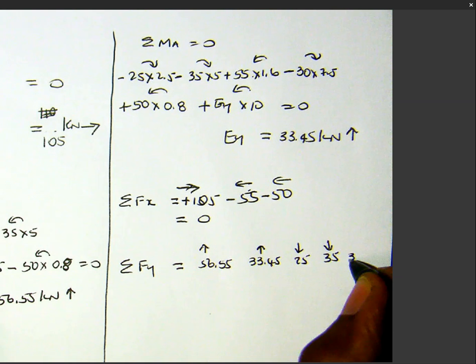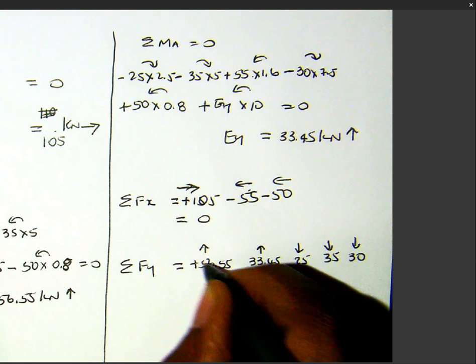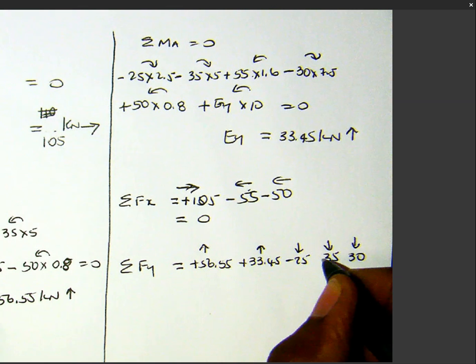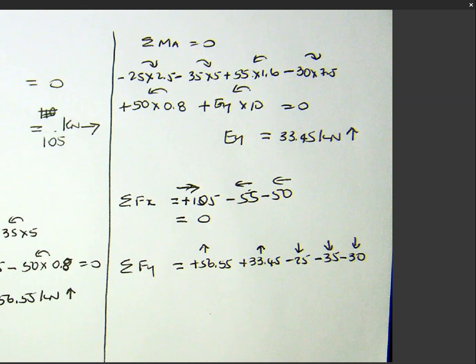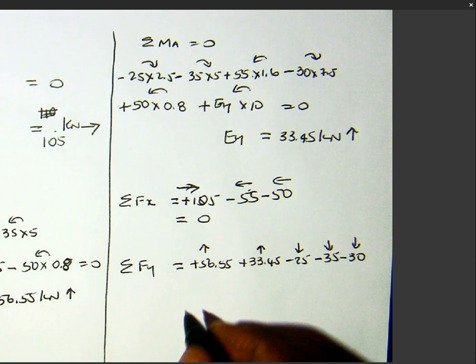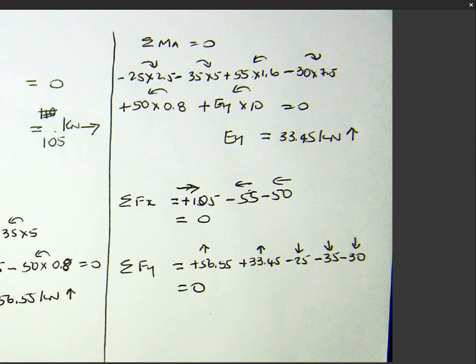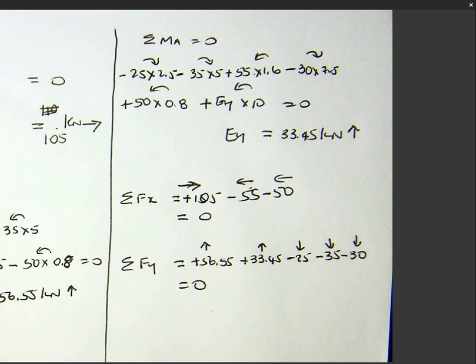If I say plus, plus, this must be negative, negative, negative. So 56.55 plus 33.45 minus 25 minus 35 minus 30. I'm getting 0. Again, if you're getting 0, it gives you hope that whatever you're doing is correct, but that does not really mean that you are correct. Maybe you are consistent with your mistake.